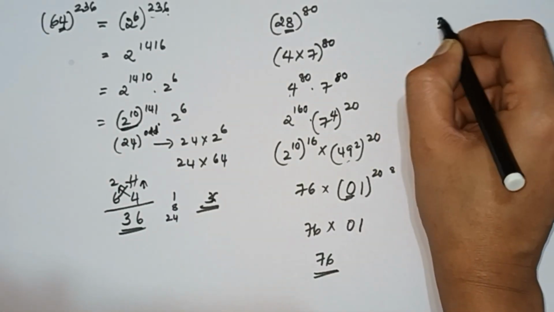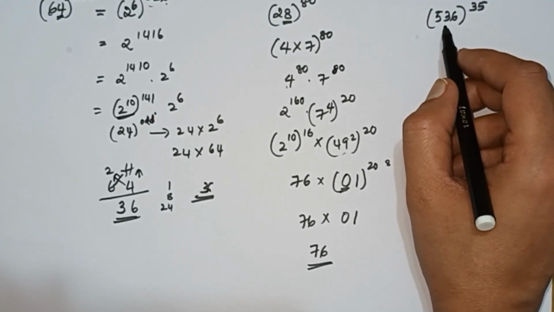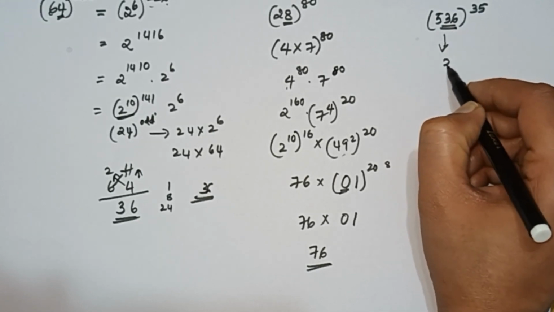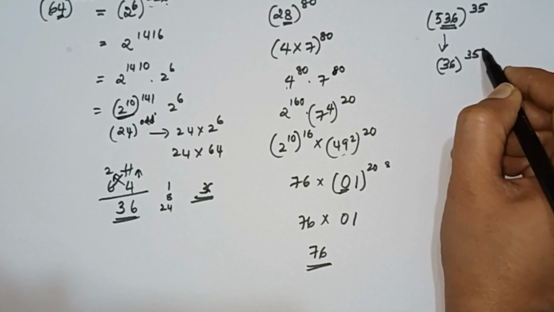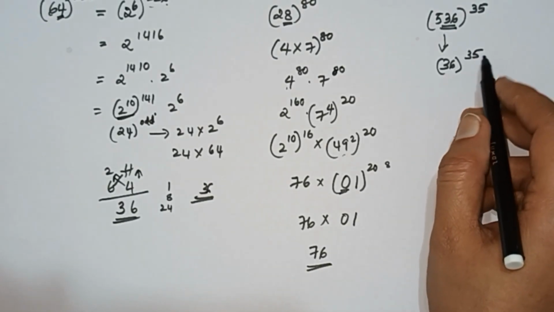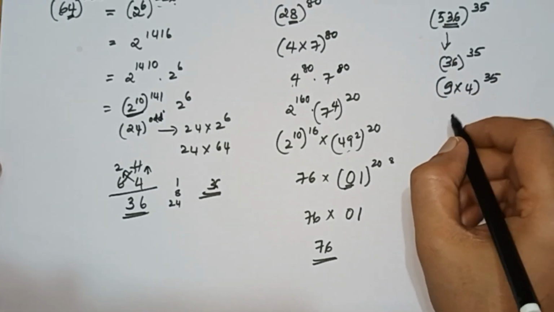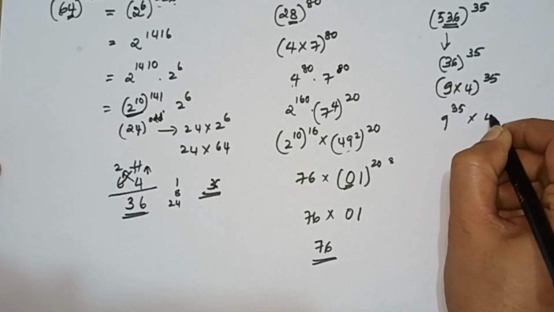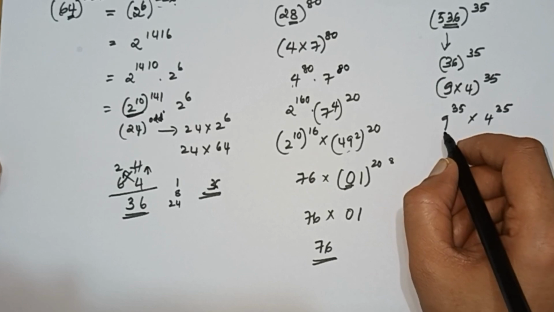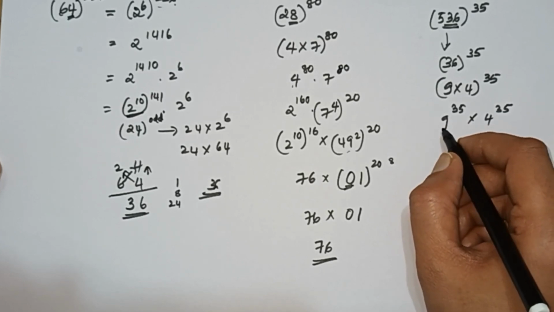Now, last example, 536 to the power 35. So here the last two digits are 36. Therefore, it is the same as finding the last two digits of 36 to the power 35. Now, I'll write this 36 to the power 35 as 9 fours, split as 9 to the power 35 into 4 to the power 35. So 9 to the power 35 can be written in terms of 9 square, because the power cycle has a frequency of 2.